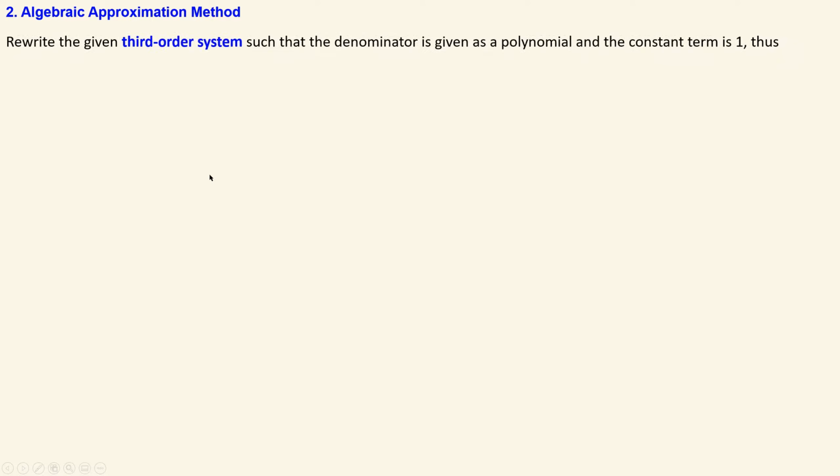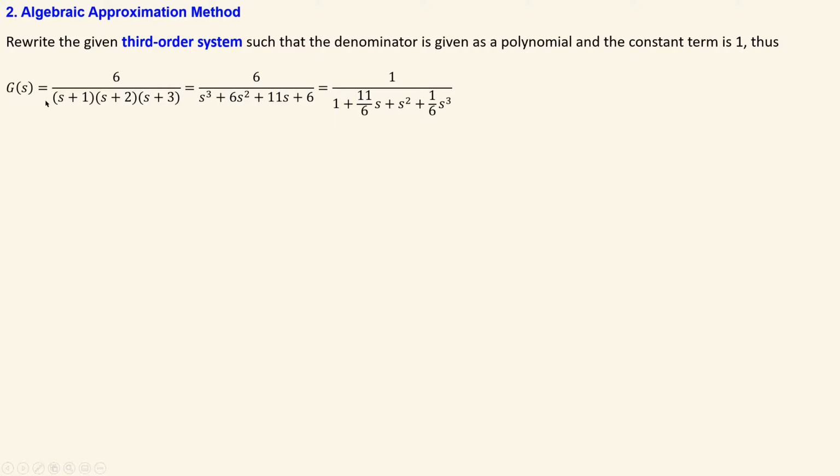So let's then also look at the more accurate approximation method, which is the algebraic approximation method. What we do first is rewrite the given third order system such that its denominator has a constant term which is 1. So we have this transfer function. We rewrite the denominator, so we work out the parentheses here.